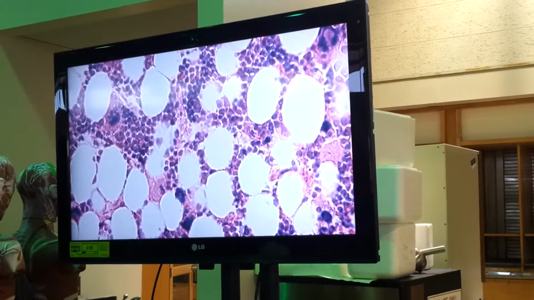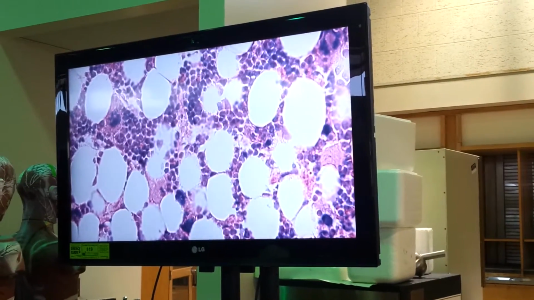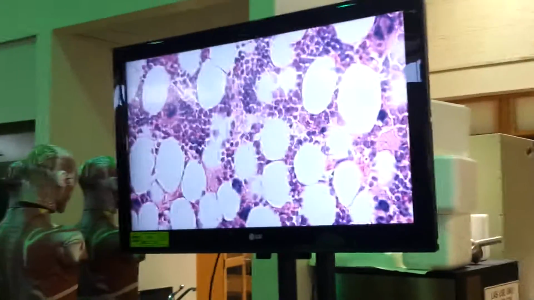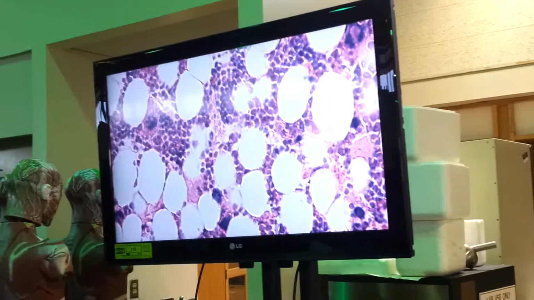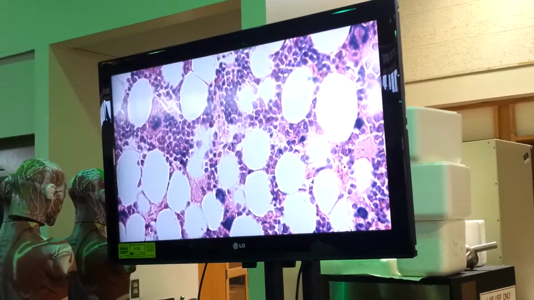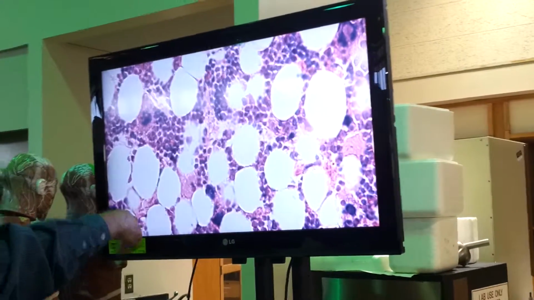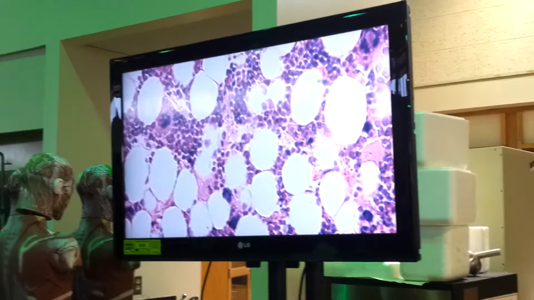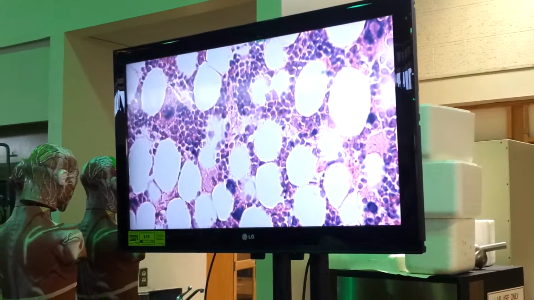You don't need to identify which stage of white blood cell or red blood cell formation. Just call them immature blood cells. The small one, easy to identify, is fat cell. The big one is megakaryocyte, and all others just call them immature blood cells.